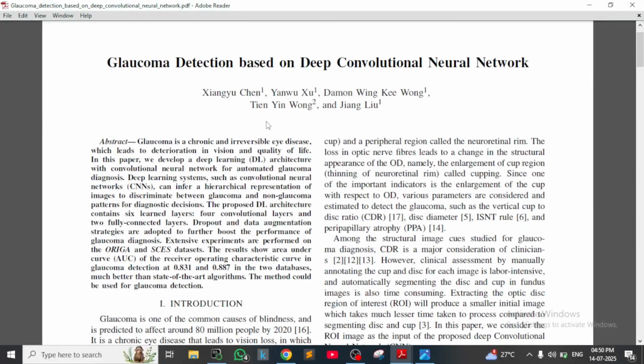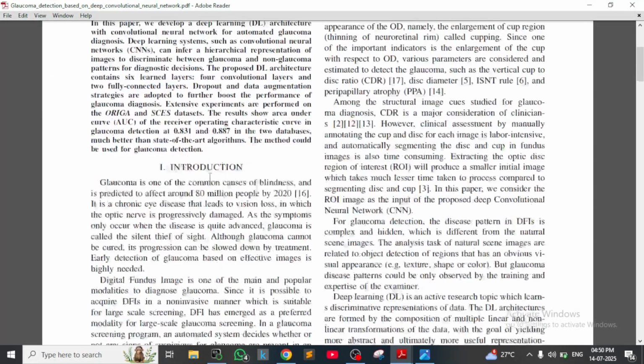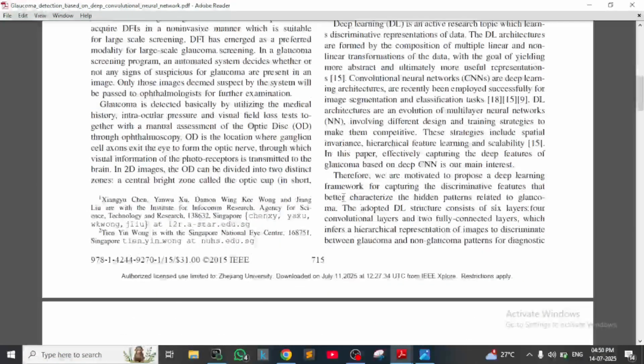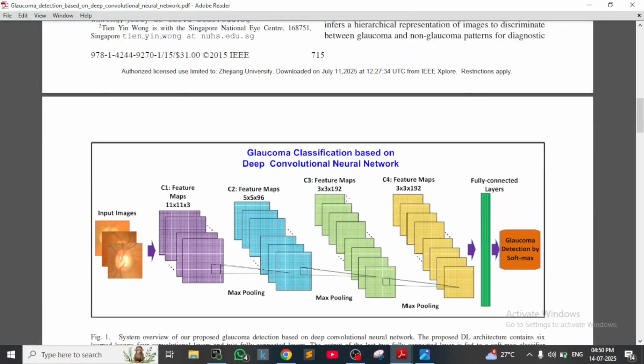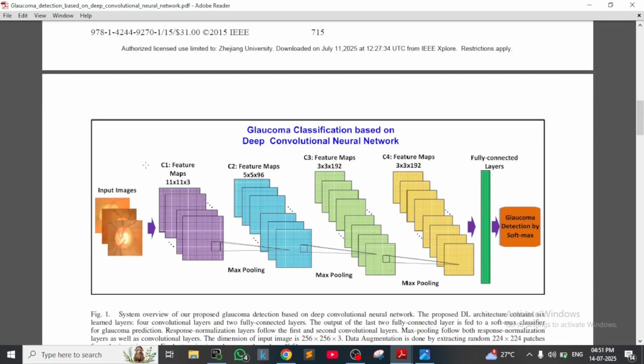See, first one, in this introduction, the glaucoma classification based on deep convolutional neural network, that is CNN, model. They input the images, then they made feature maps C1 and feature maps second. This is max pooling.